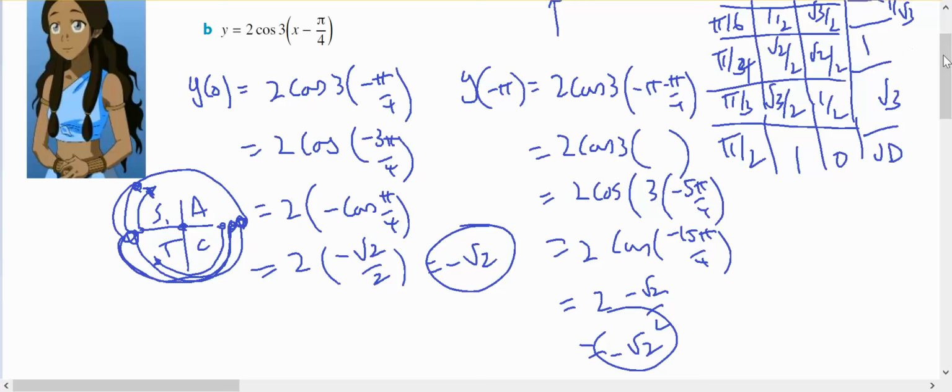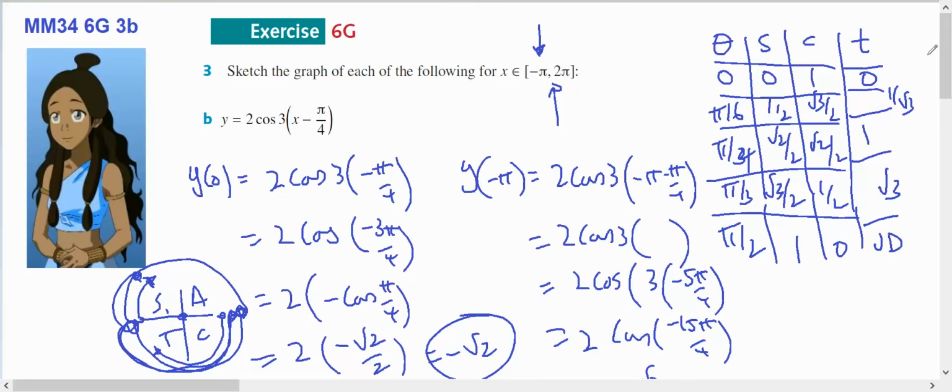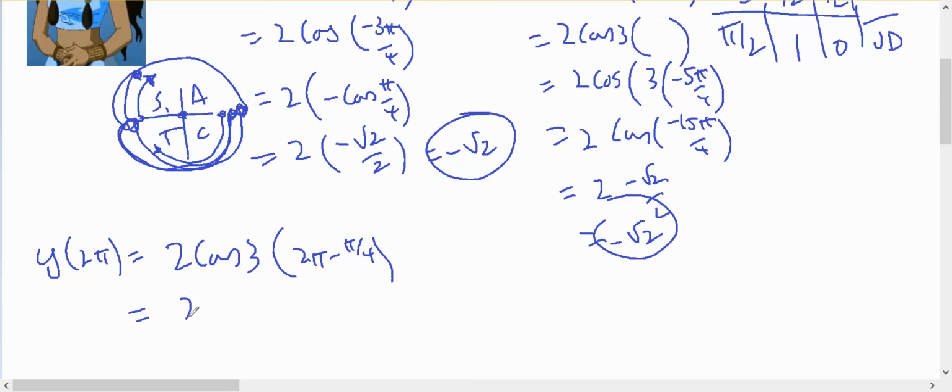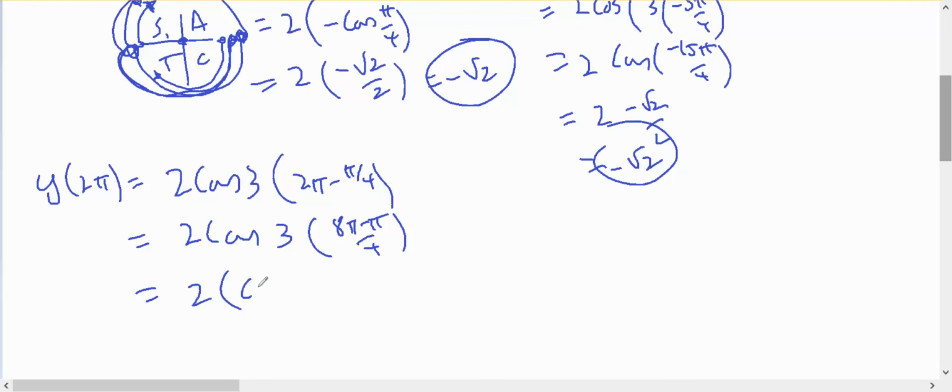And if I place in the endpoint, which is 2 pi, I'm looking at y of 2 pi, which is going to be 2 cos of 3 times 2 pi minus pi on 4, which is 2 cos of 3 times, so that's 8 pi minus pi on 4, which is 7 pi on 4. 2 times the cos of 3 lots of 7 pi on 4, which is 2 lots of the cos of 21 pi on 4.